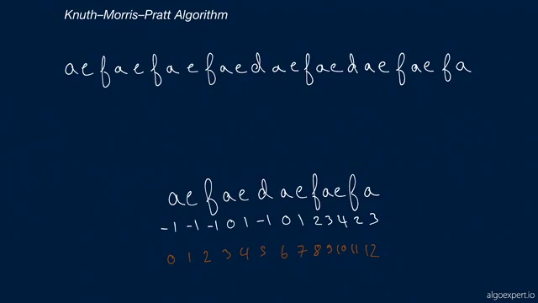And so what we're going to do is put index I in our actual string, and we're going to put index J in our substring. So index I is going to be here, and index J is going to be here.